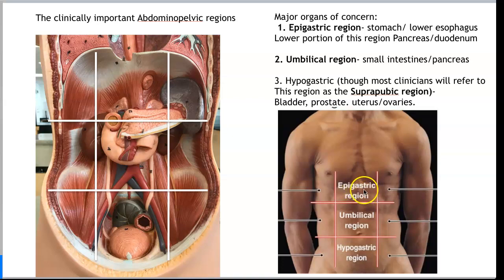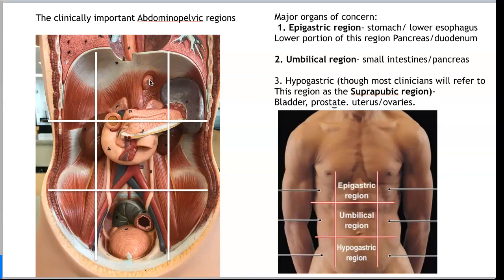Gastric is related to the stomach. The stomach would be right here. So when we took it out, here's the esophagus, but the stomach is connected to the esophagus right here. If the patient comes in with epigastric pain, you are going to be thinking of stomach.